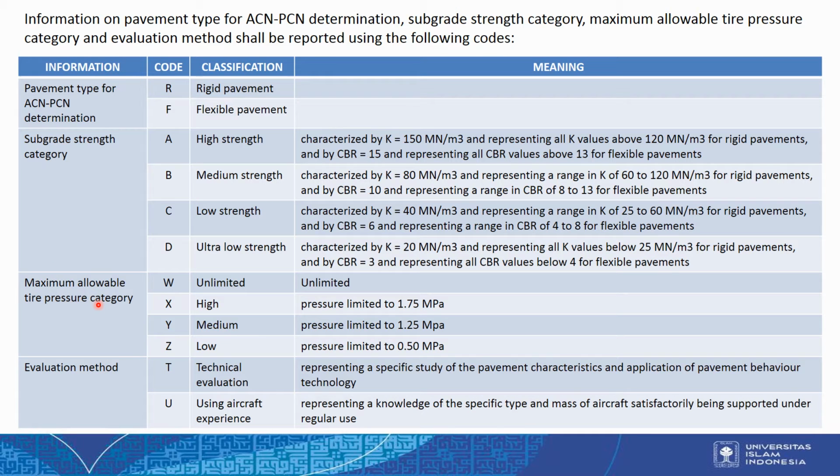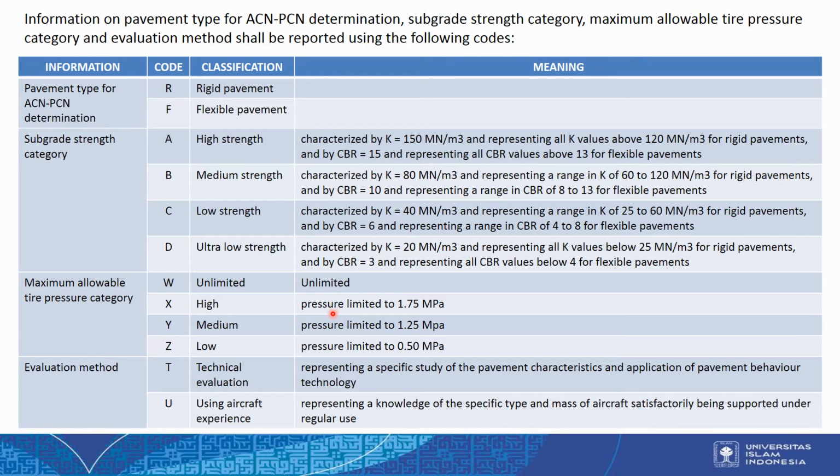The next information is the maximum allowable tire pressure category. There are also 4 codes: W, X, Y, and Z. The W stands for unlimited, meaning the maximum allowable tire pressure is unlimited.